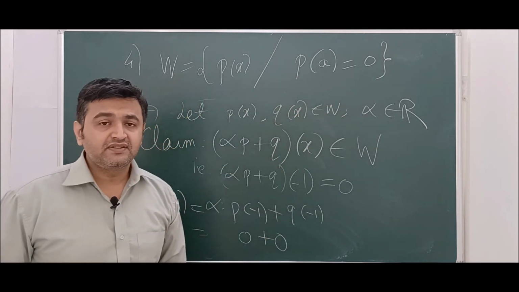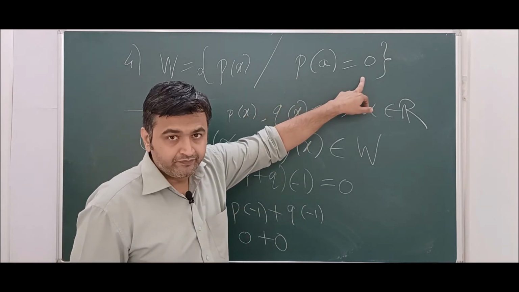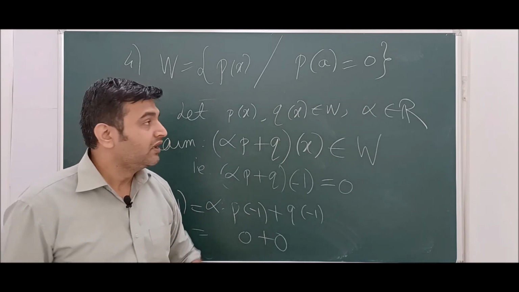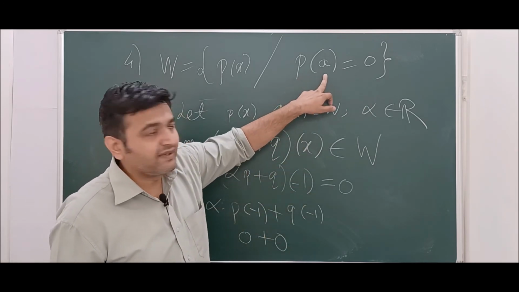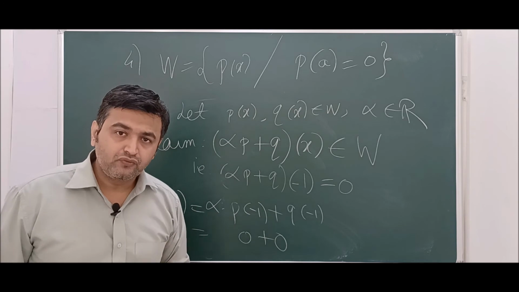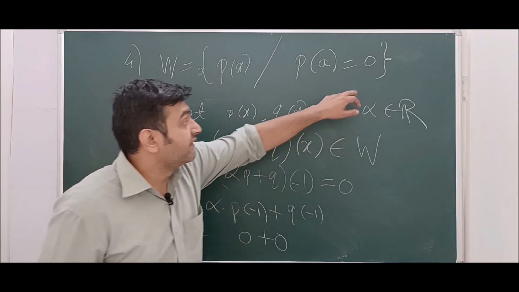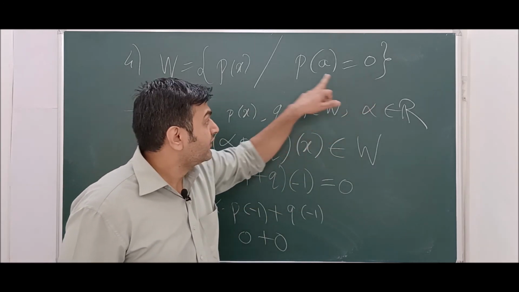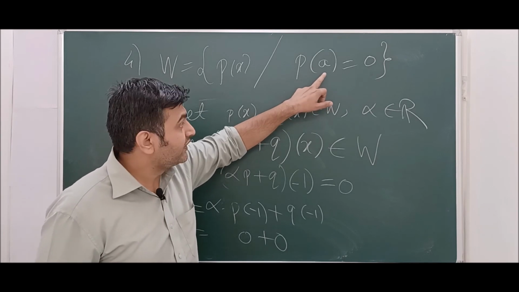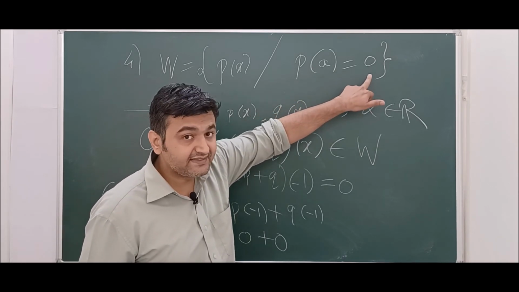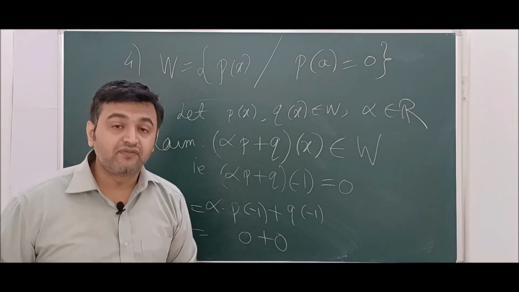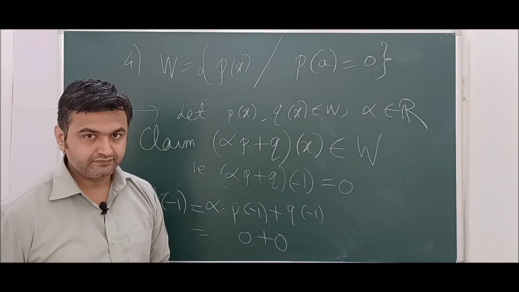All those polynomials which vanish at pi will also form a subspace. You take all polynomials which vanish at, say, minus 100, then that will also form a subspace. So whenever your right hand side is 0, you evaluate at any point, you take any point, but the right hand side is 0, then that will always form a subspace.